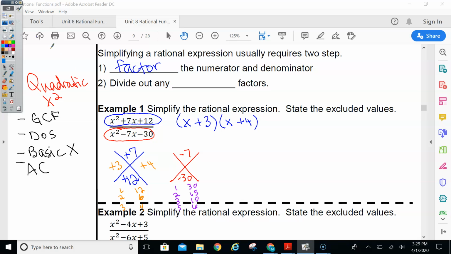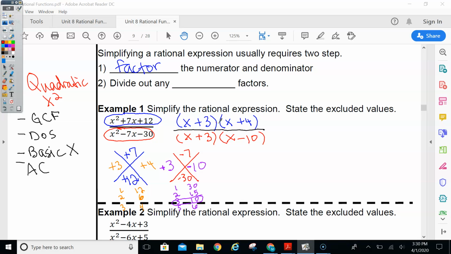So now since it's negative, we want one to be positive, one to be negative. So we want to subtract them to get 7. So when we subtract 3 and 10, we get 7, with the bigger number being the negative one. So this one's a plus 3 and a minus 10. So that's the bottom part. x plus 3 and x minus 10.